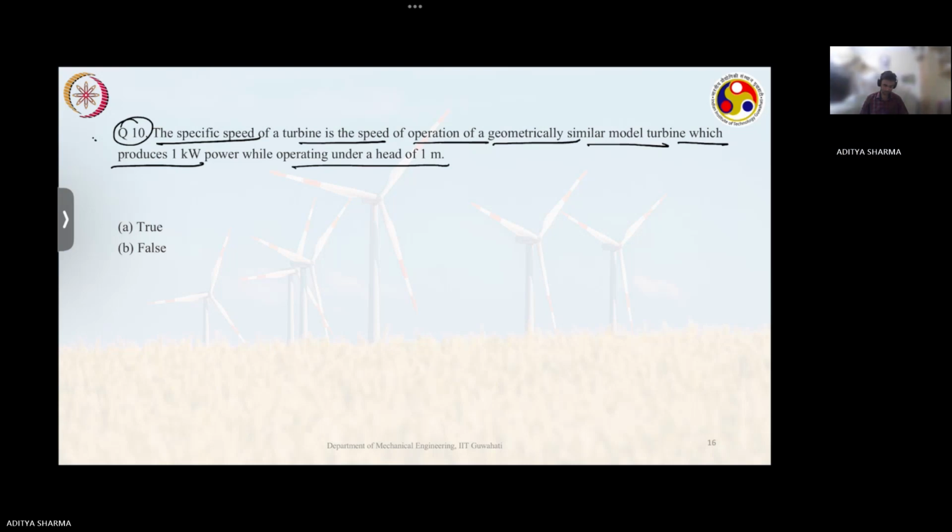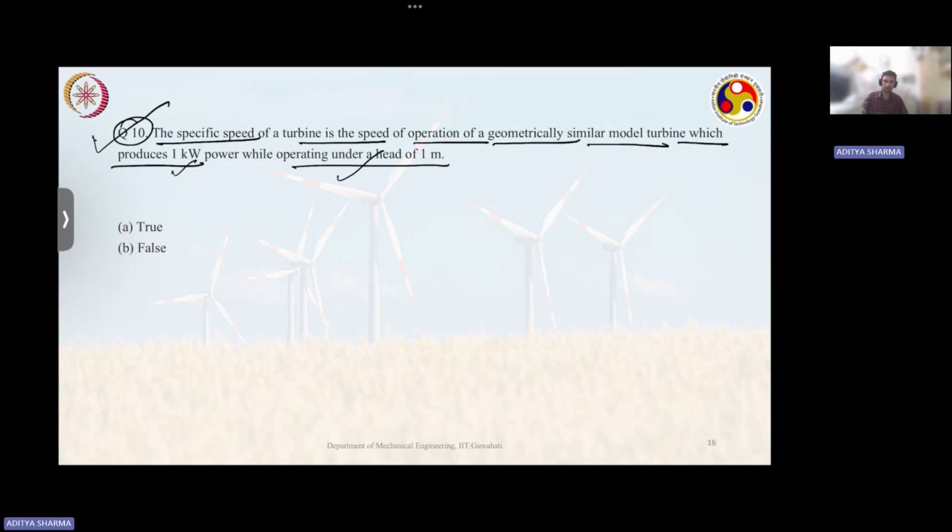This is about a model of your turbine, where the produced power is this and the head is 1 meter.